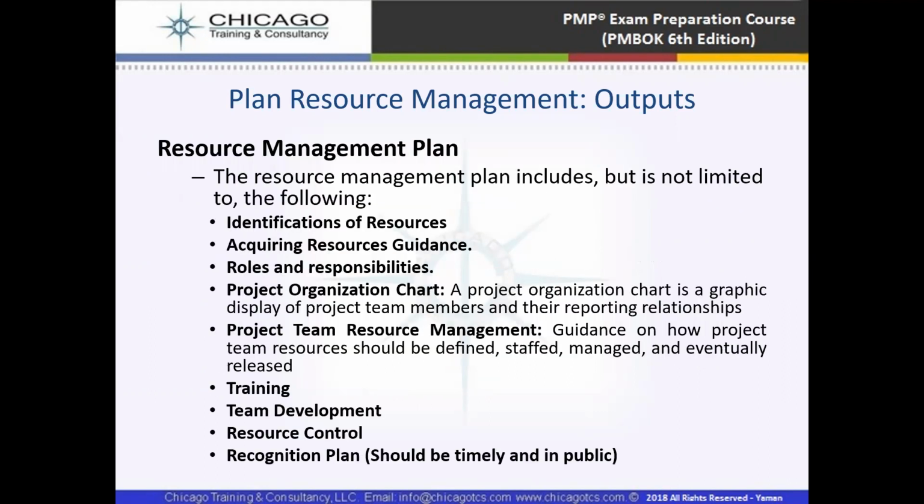And then the resource management plan includes, but is not limited to, the identification of resources, the acquiring resource guidance, and roles and responsibilities, which in turn show us the project organization chart, with the project team resource management and the training, how we are going to train them, how we are going to develop our team, how we are going to control the resources, and how we are going to recognize the plan, whether it should be timely or it should be in public.